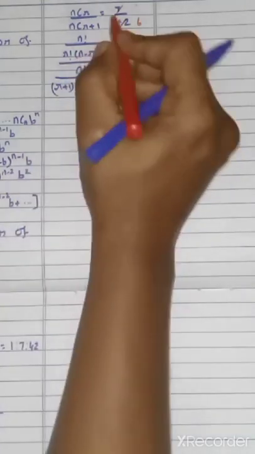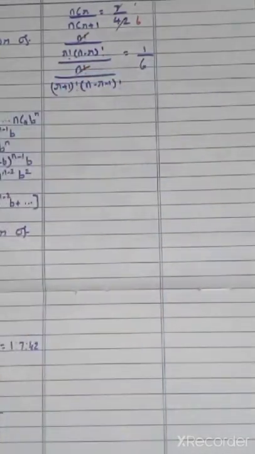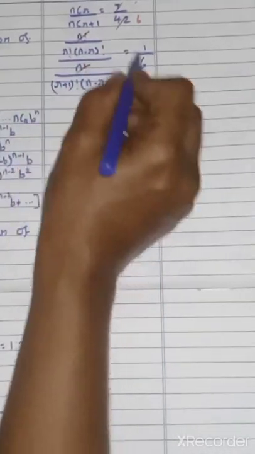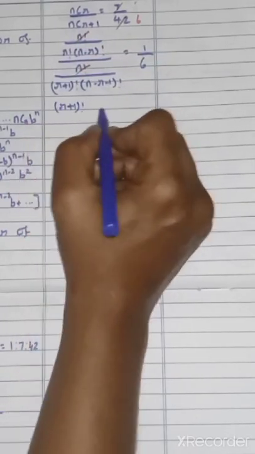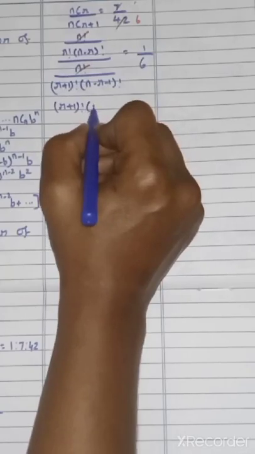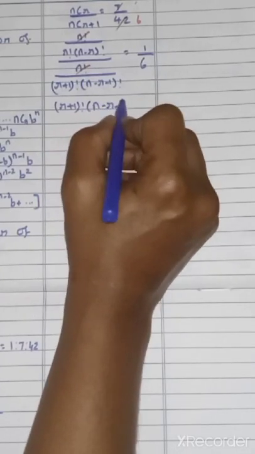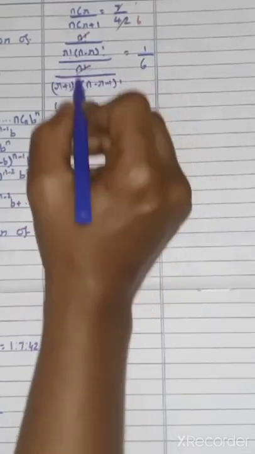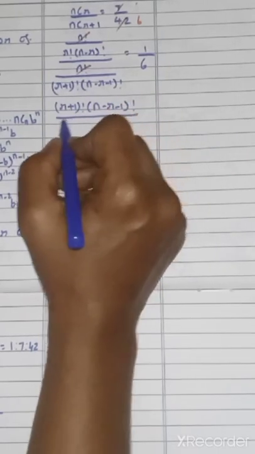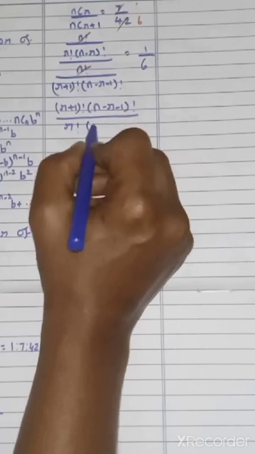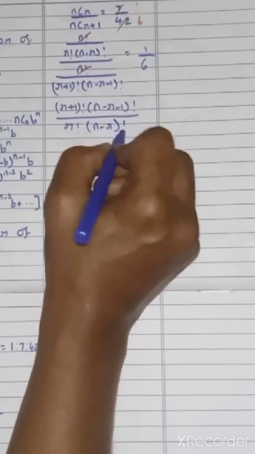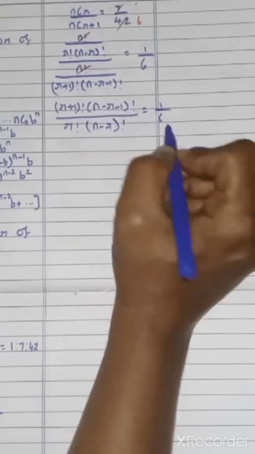N factorial will get cancelled. So what will be remaining? Taking numerator to the denominator: (r plus 1) factorial into (n minus r minus 1) factorial, divided by r factorial into (n minus r) factorial, which is equal to 1 by 6.